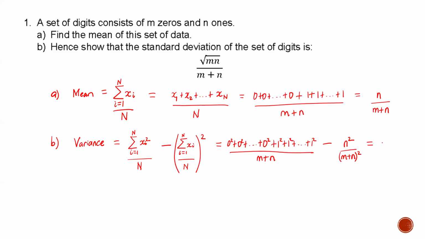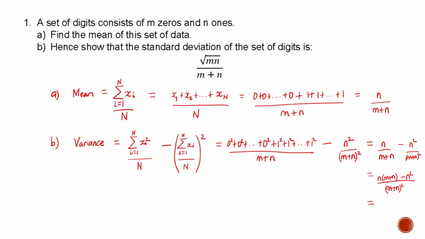So in this case, we'll still get n out of m plus n, and we're subtracting n squared out of m plus n squared. Now when you work this out, if you use the LCM of the denominators, which should be m plus n squared, you end up with n times m plus n minus n squared in the numerator.